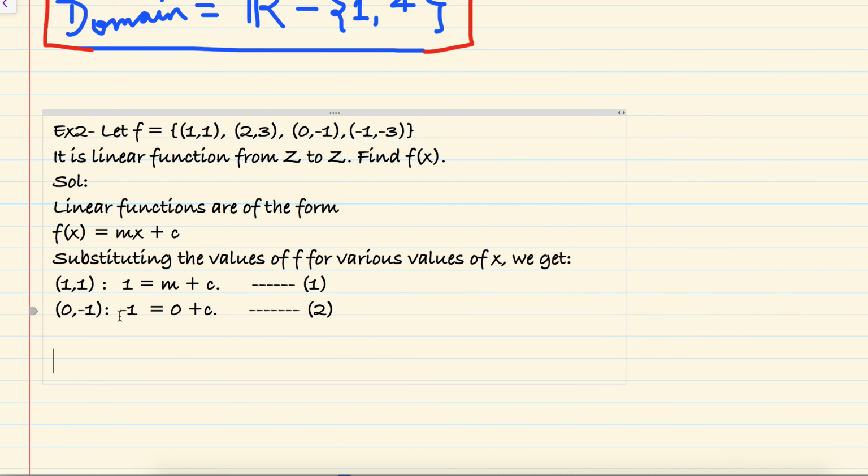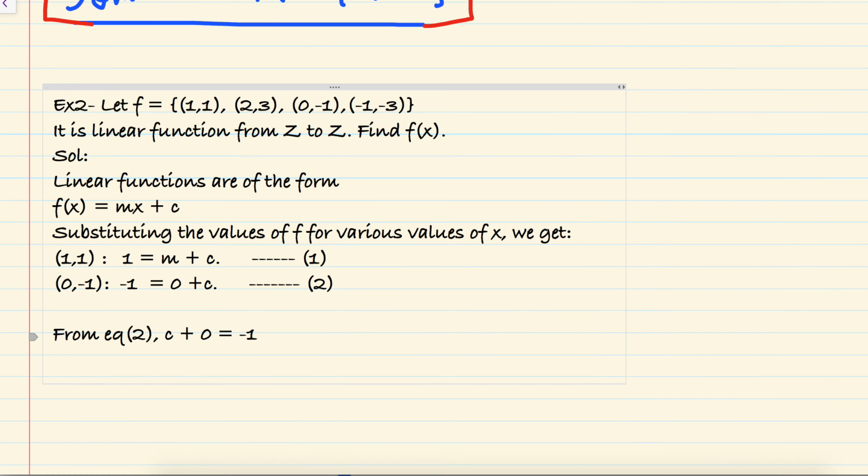So clearly from the second equation we got the value of c. From equation 2, c plus 0 is equal to minus 1, or c is equal to minus 1.